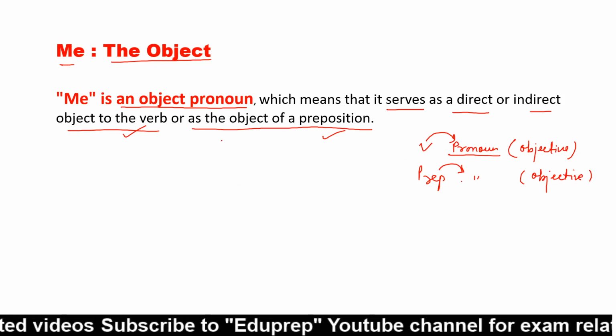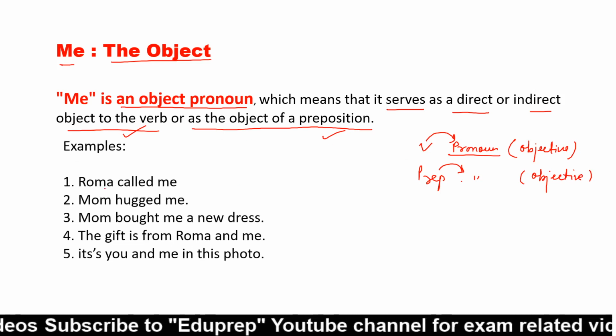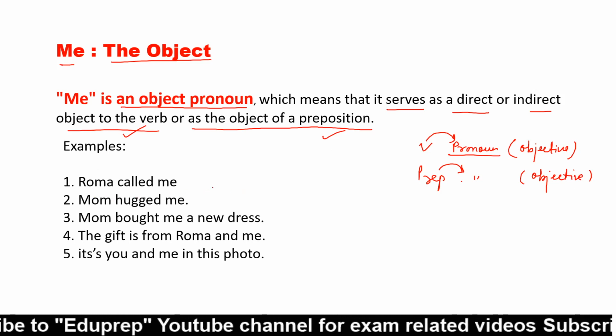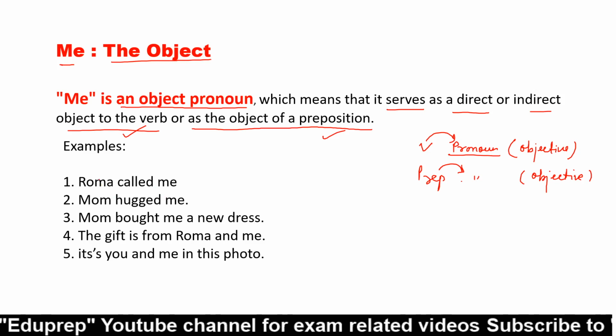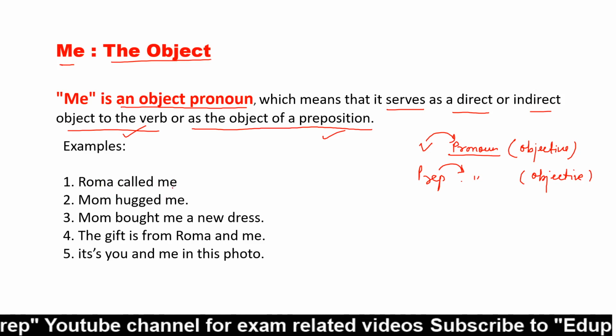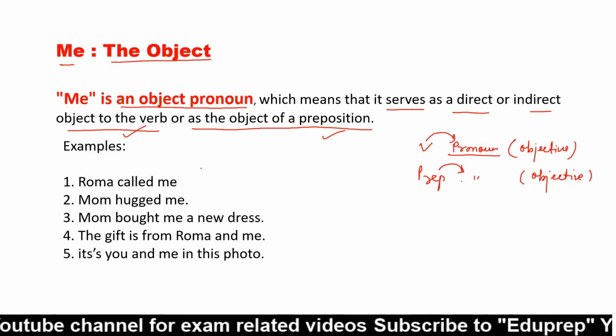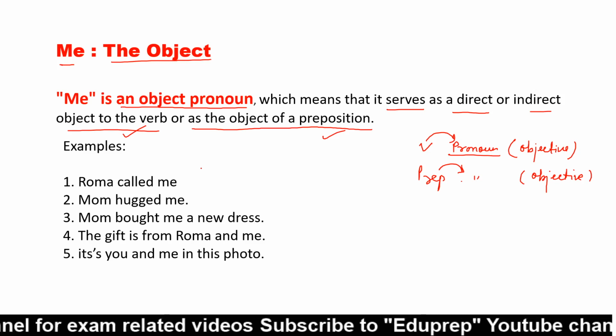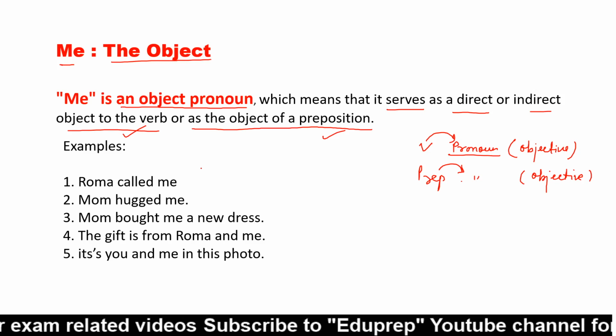Okay. So let's look at the examples. "Roma called me." Who called me? Roma called me. So by whom was I called? By whom? As I have mentioned before, they particularly answer the question of "to whom" or "whom."